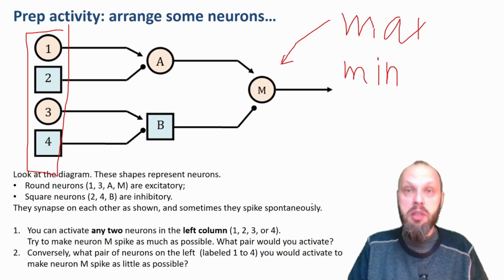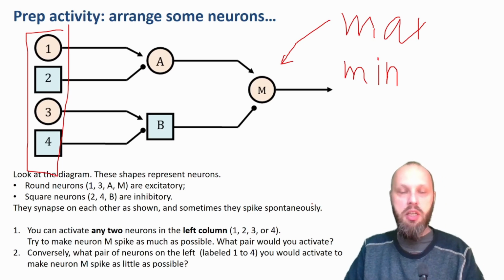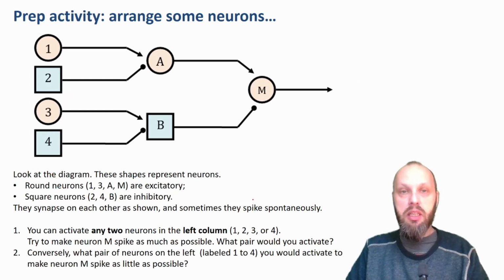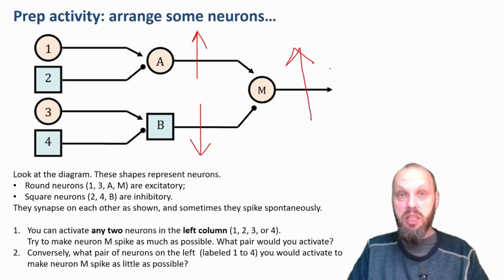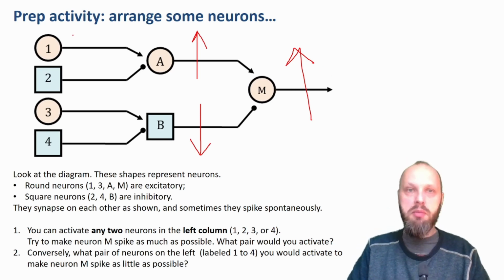For the first assignment, you need to maximize input in M. So let's see. It gets 2 inputs, one from the neuron A, that's excitatory, and another one from the neuron B, that's inhibitory. So to maximize M, we should maximize A, but we should minimize B. The less we inhibit M, the better. How to maximize A?